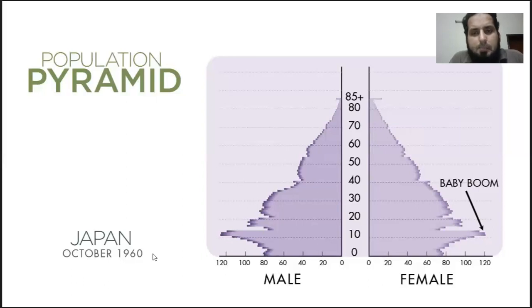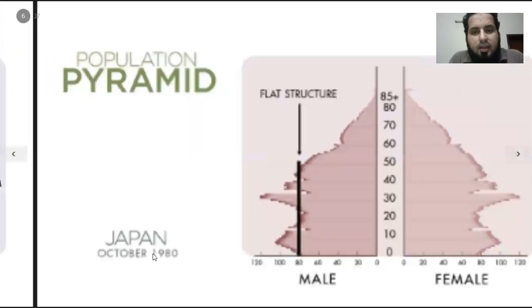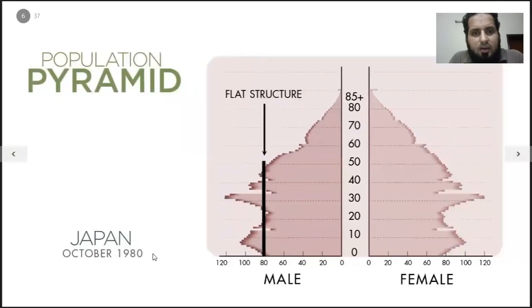So due to the war, the baby boomer stage occurred, but after that, again there was a reduction in the number of children being born. And here you can see in the 1980s, it's almost a flat structure. Now the baby boomers that were born in the 1960s are, after 20 years, 20 to 30 years of age.